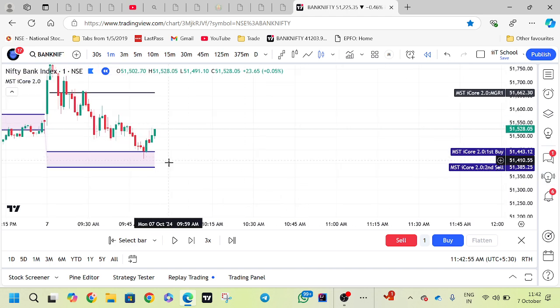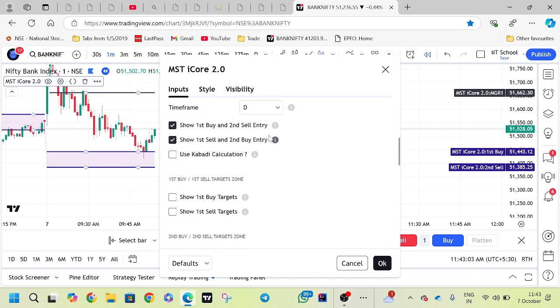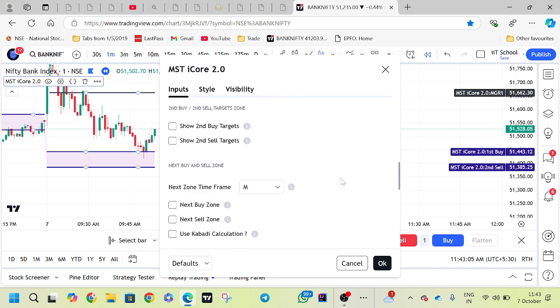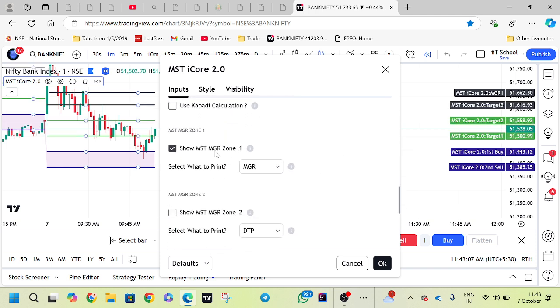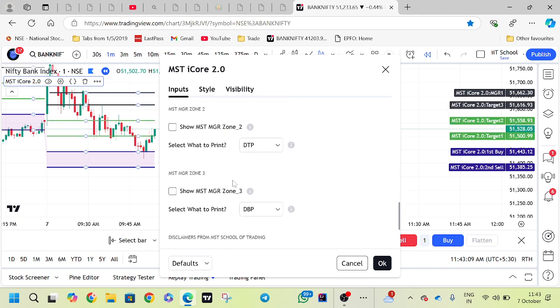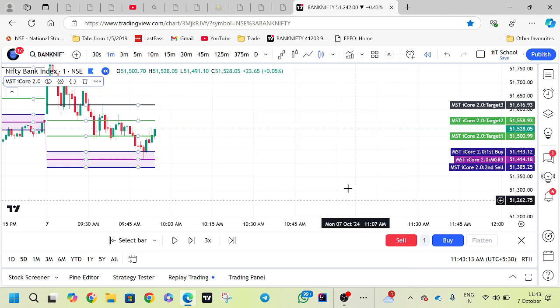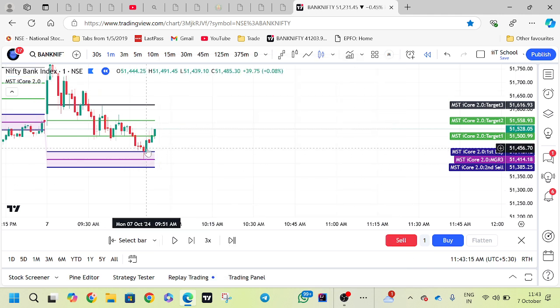Now you have to take the corresponding call option buy, either ATM, ITM or OTM. Go to the settings to know the targets. First buy targets. And this MGR point you can remove, and instead of that you can take DBP. DBP is the demand zone bottom pivot.